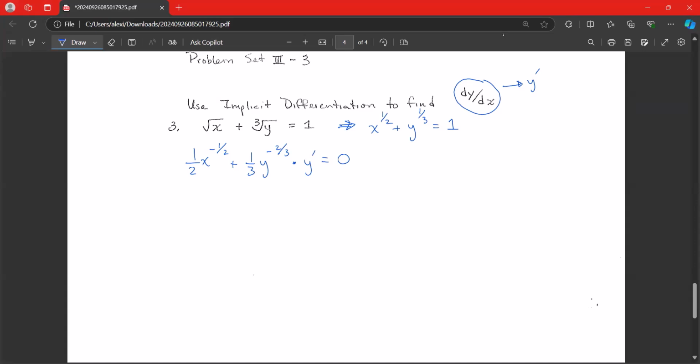Then I'll go ahead and subtract the x term on both sides. I'll go ahead and rewrite everything so I have positive exponents first. Then I'll go ahead and multiply by 3 times y to the 2/3.